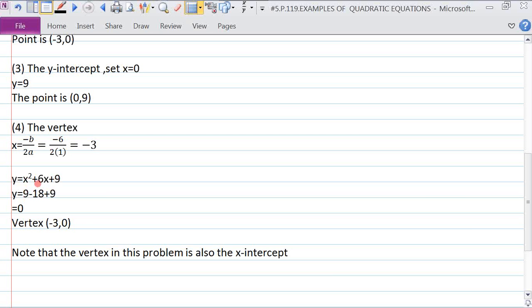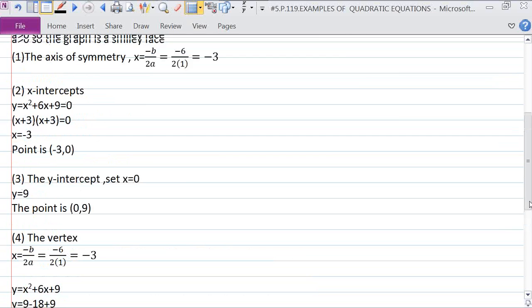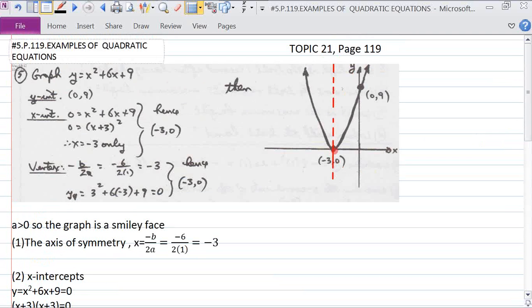Minus 3 squared is 9. Plus 6 times minus 3 is minus 18. Plus 9, this comes out to be 0. Minus 3 comma 0. So the vertex is the same as the x-intercept. Let's take a look at that. The vertex is right here, and it also happens to be the same as the x-intercept.